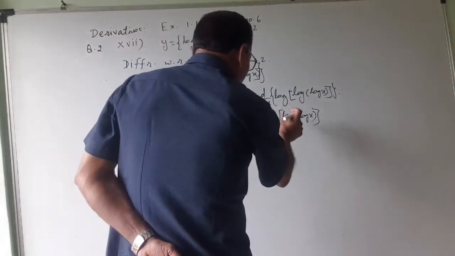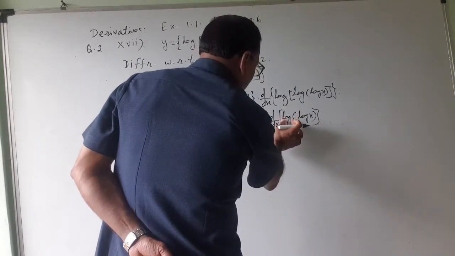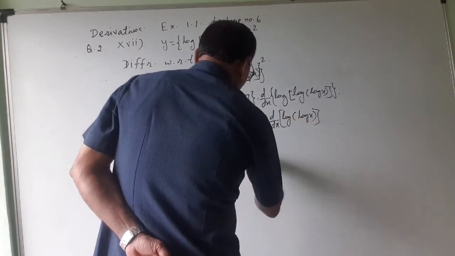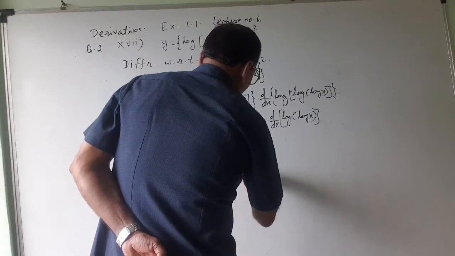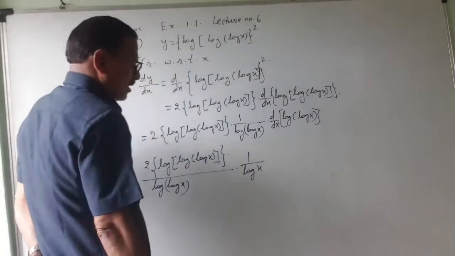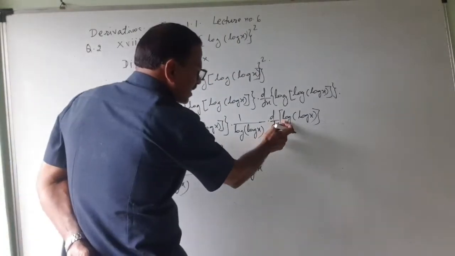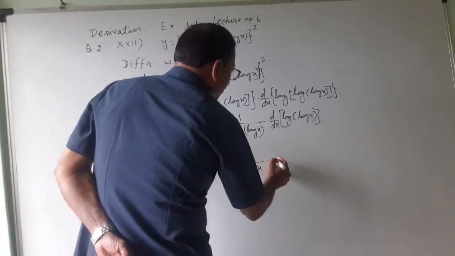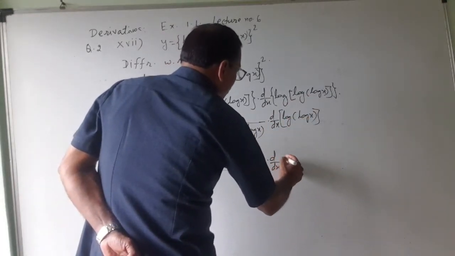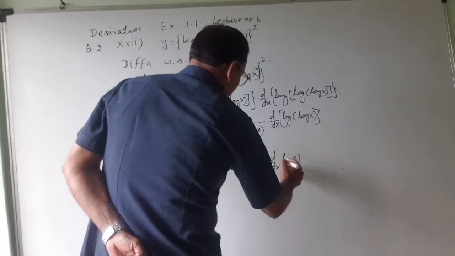Now the derivative of this is 1 upon log of x. Derivative of this log is done. Now of this into d by dx of log x.